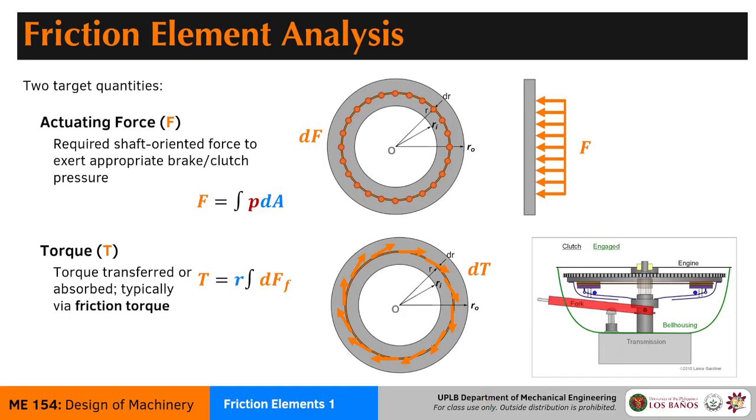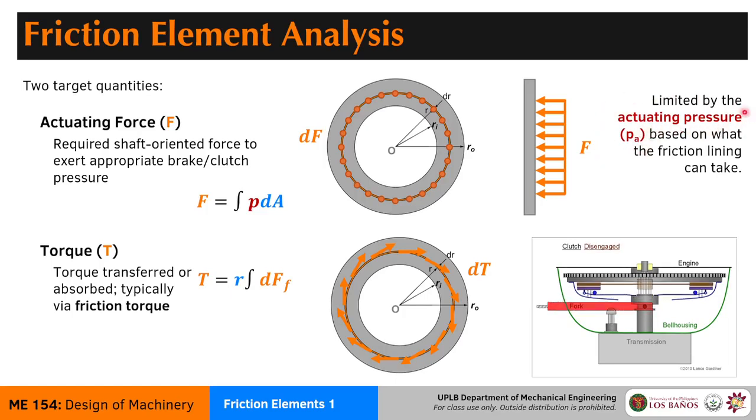The limiter when it comes to clutches and brakes is the material itself. It can only resist so much pressure, and the maximum pressure that you get, from the actuating force, will be our point of safety. When we design clutches and brakes, we keep in mind the limits of our current material.